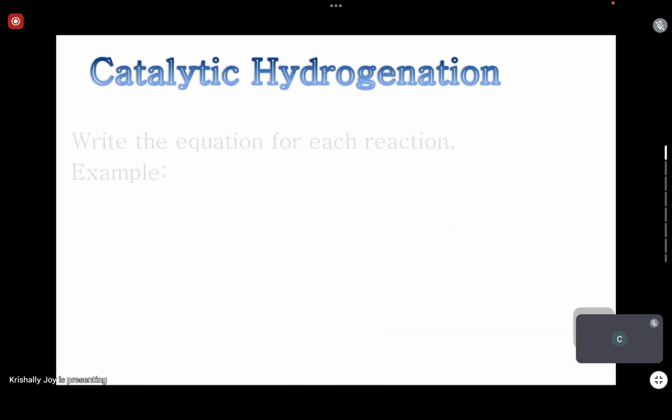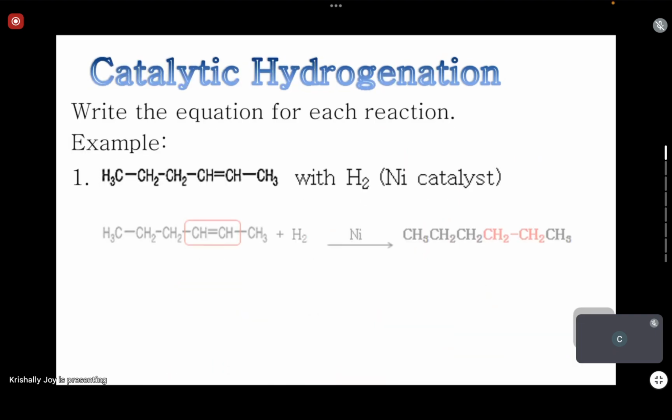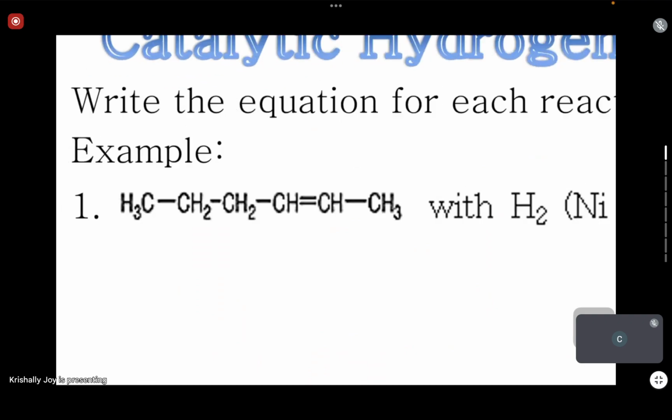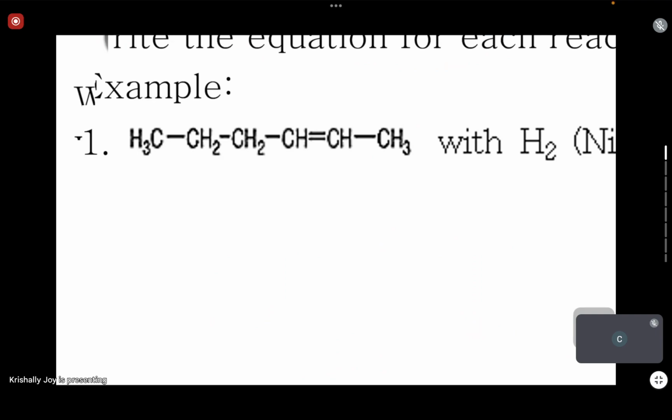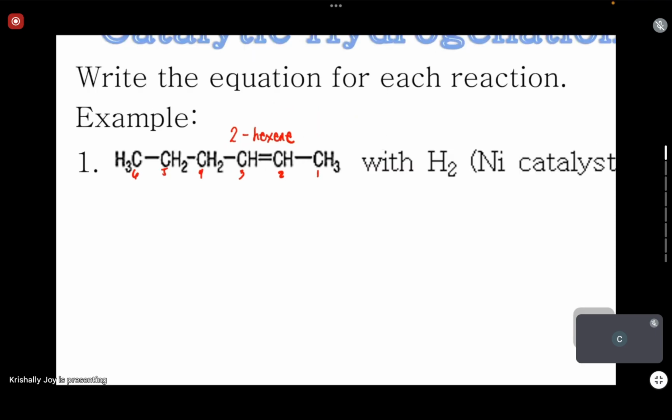Okay, this is another example under catalytic hydrogenation. Tingnan ha. From the alkene compound, this is 2-hexene. You start here, numbering 3, 4, 5, 6. So that is simply 2-hexene.